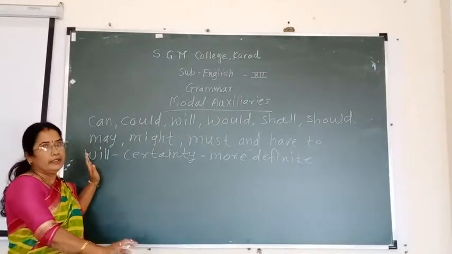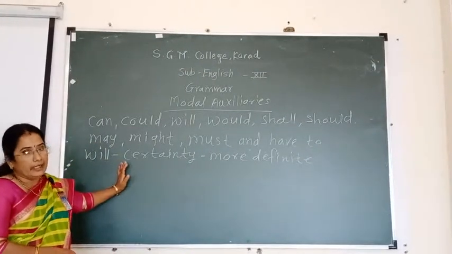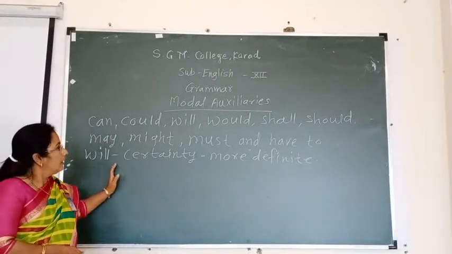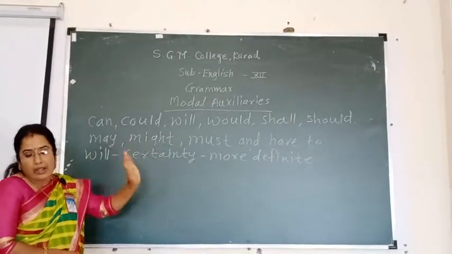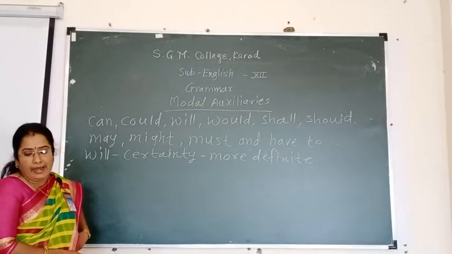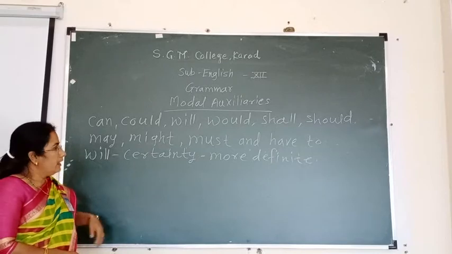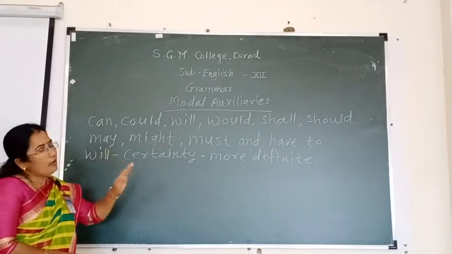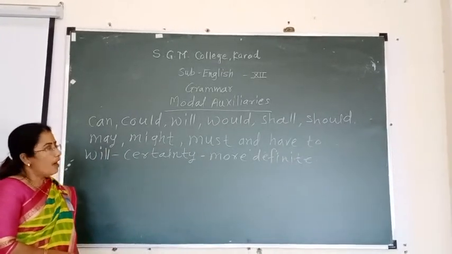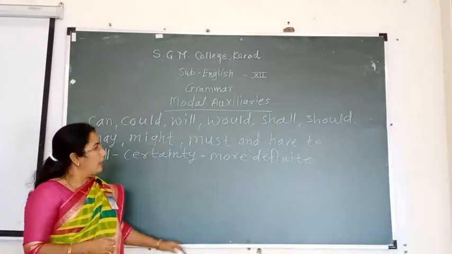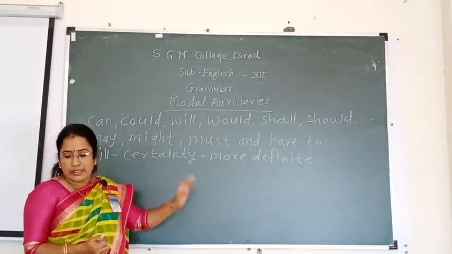The will modal auxiliary is generally used to denote the certainty of the action, and it is more definite than other modal auxiliary verbs.